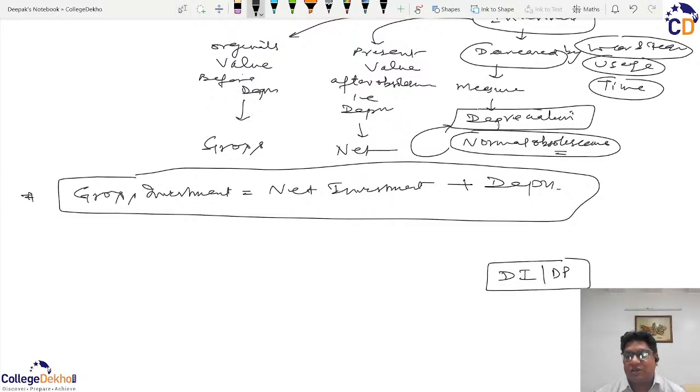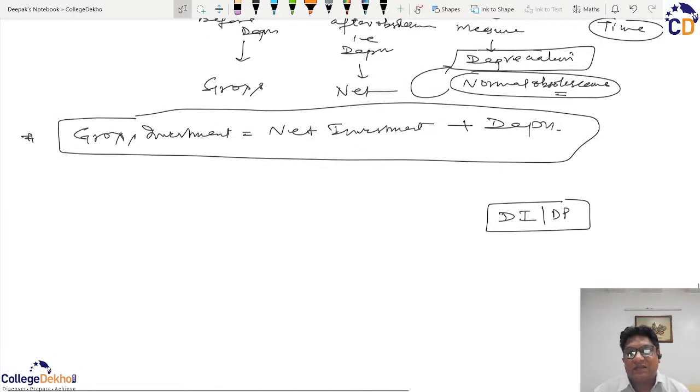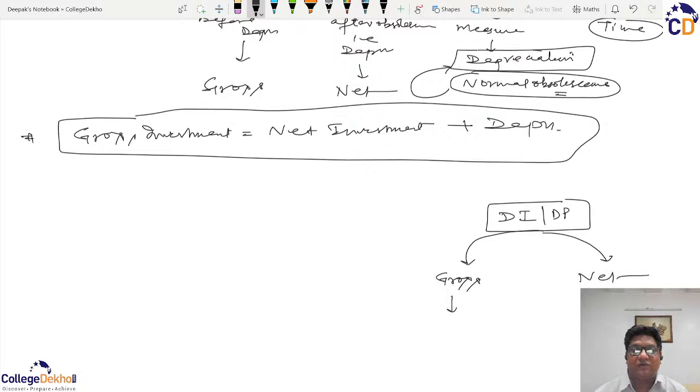But in this domestic income, there is a value of the final good that has been included. And those final goods can either be capital goods or the consumption goods. So the question will arise whether you are charging those capital final goods without depreciation value, that is the gross value, or after depreciation value, that is the net value. So if it is a gross value, then we use the word GDP, gross domestic product, or if you're talking about the national income, then we can say gross national product or gross national income.